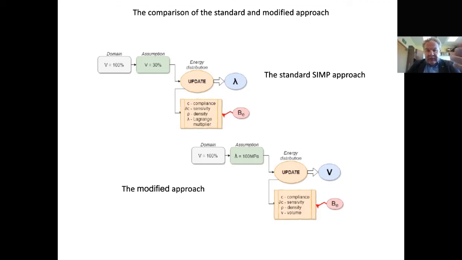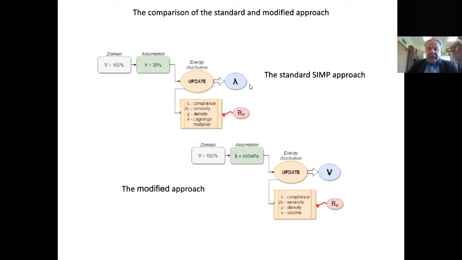So what does it mean? If we are able to find this value, this value will be important to have in the whole structure. Strain energy density is denominated in pascals, and also the Lagrange multiplier is denominated in pascals.